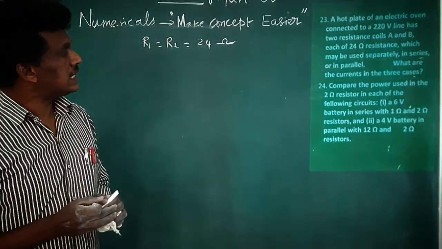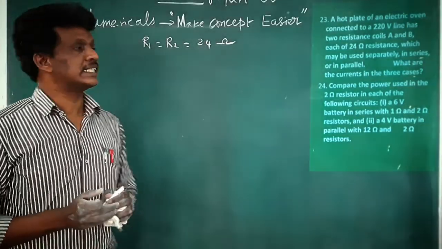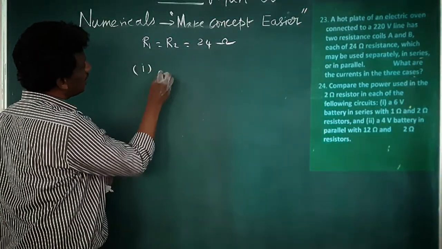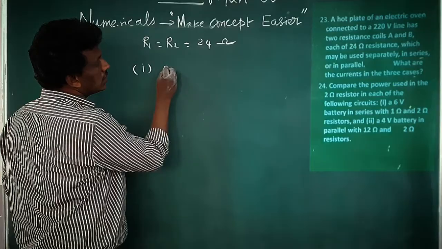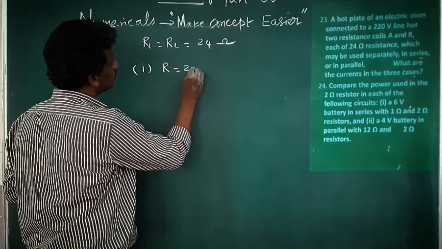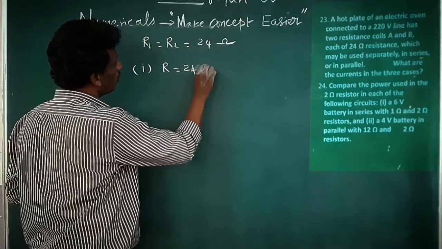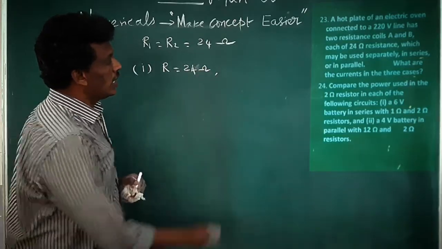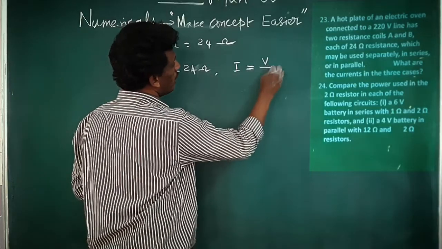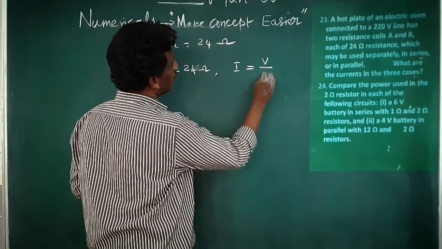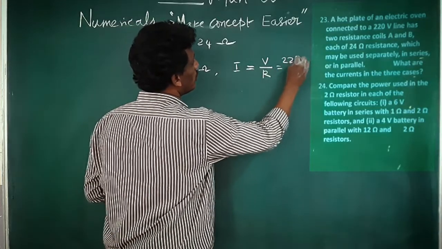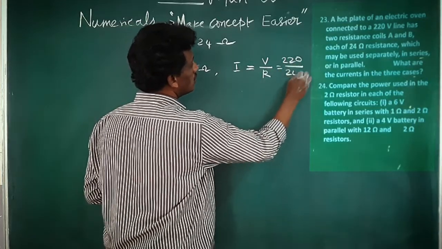What are the currents in the 3 cases? Individually you have to find out. So what is the first case? Individually. So what will be the resistance in this case? 24 ohm. What are they asking? Current I. In this case how much will come? V by R. V how much? 220 volt. R how much? 24.